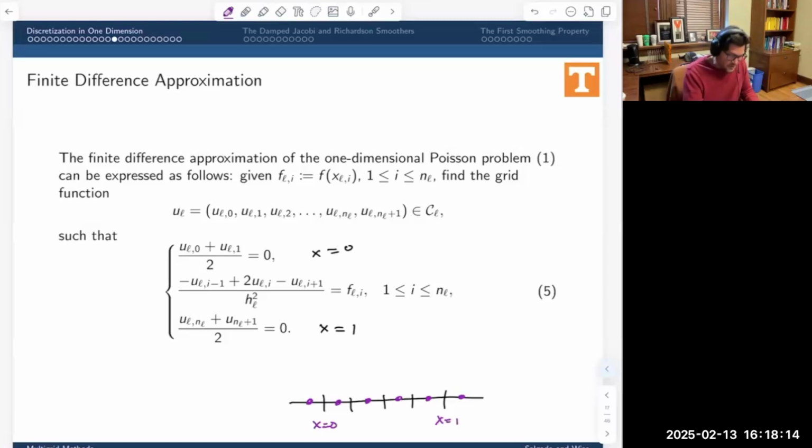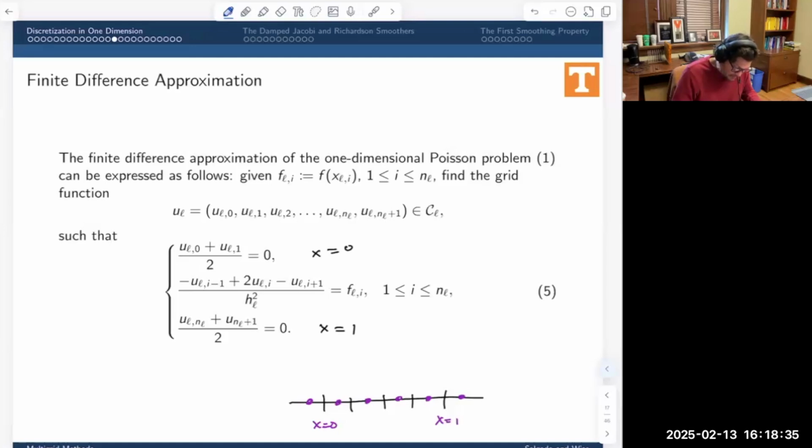Now, I want to choose a function which is going to satisfy these 2 boundary conditions. What should that look like? Just like what we said before, the values of the function at the edges should have the average being equal to 0 at x equals 0.